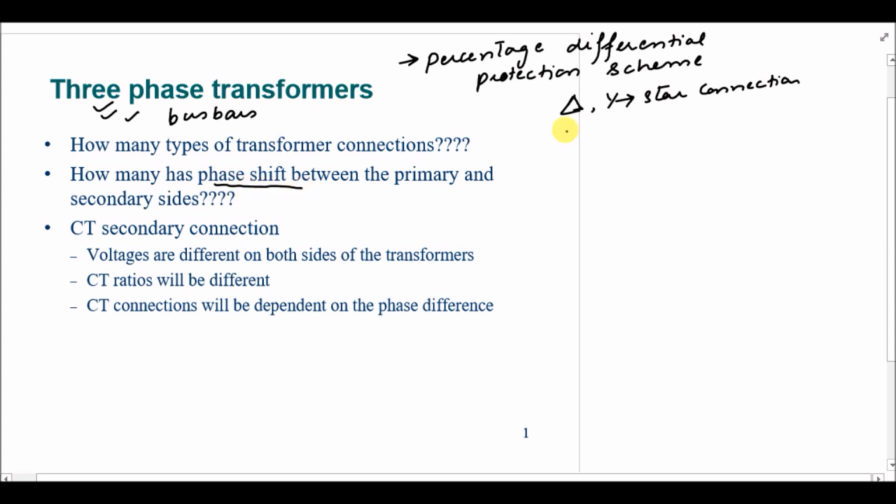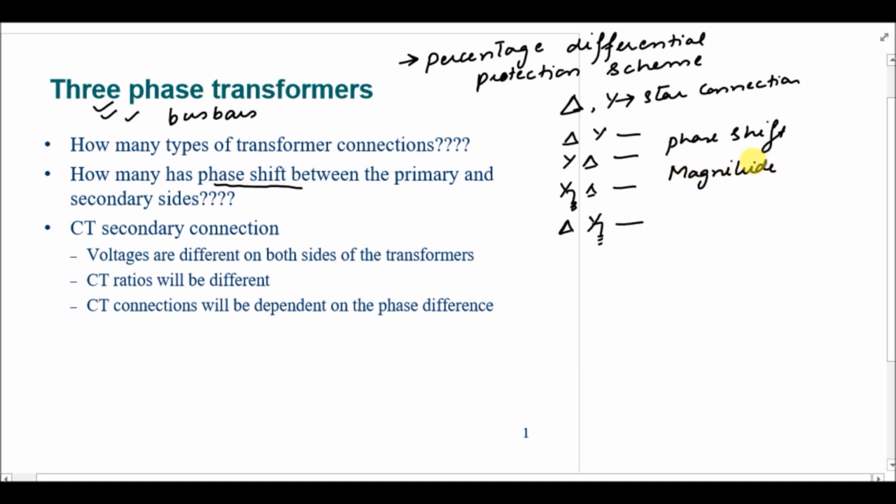But whenever we have delta-Y, Y-delta, Y grounded-delta and delta-Y grounded connections, these four transformers will have the phase shift and the magnitude difference in the current values on primary and secondary.